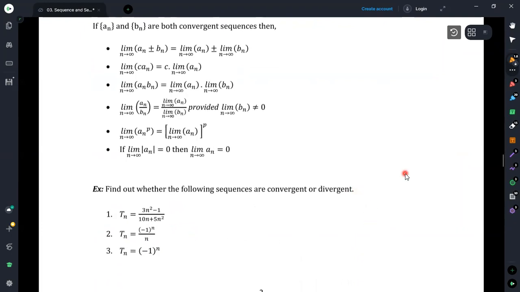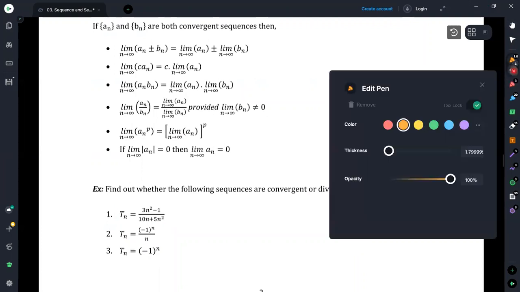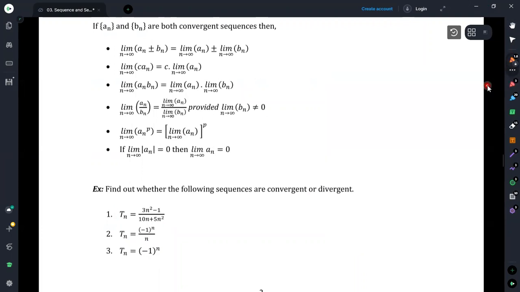What we have discussed was, if we have the sequence an, and if the limit of an as n goes to infinity is a finite value, then we call such sequences convergent sequences.